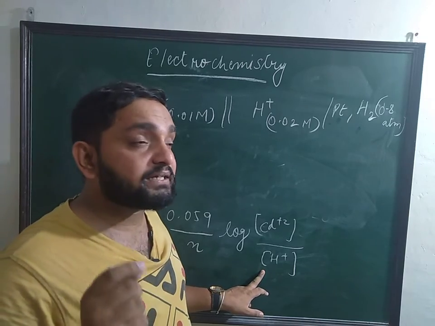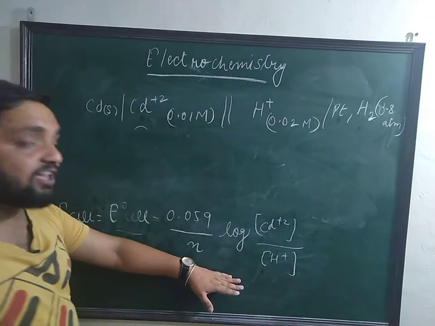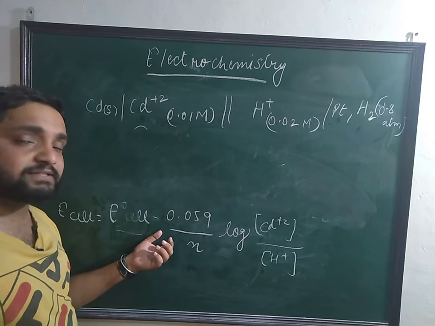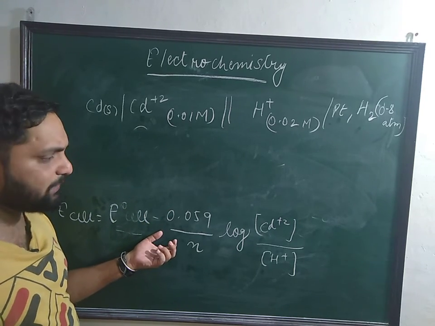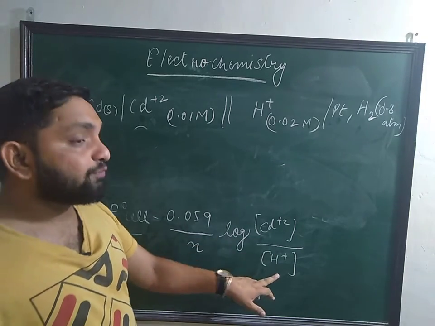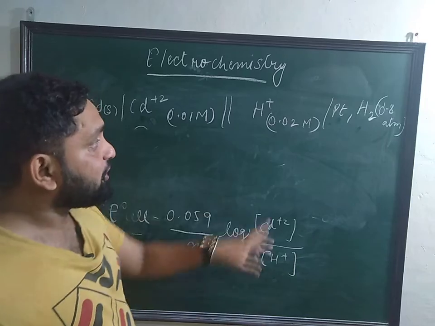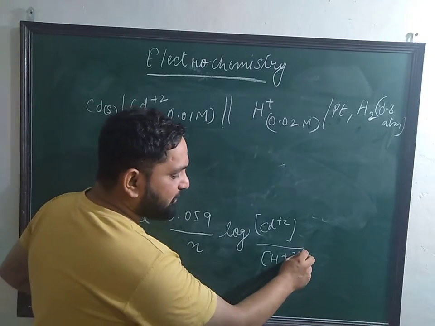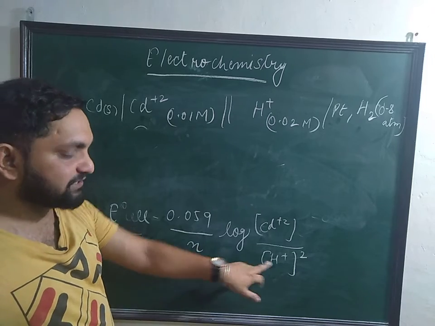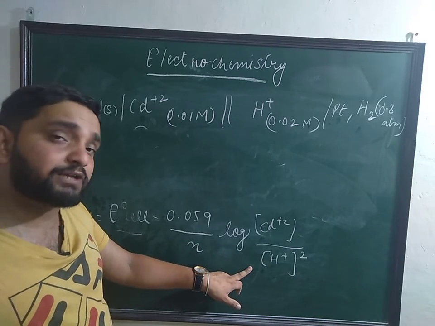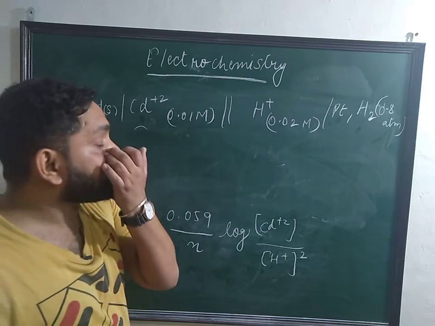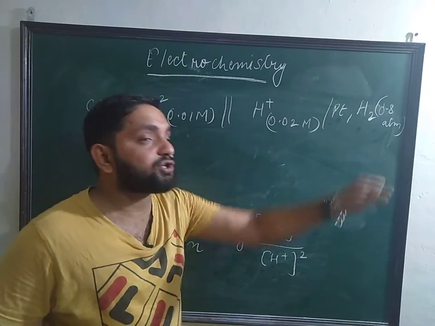This is my framework. I am not using plus any time over here; I always use minus. Then if you are using it like this, you will have to multiply the pressure. First of all, I will have to take the square of it. Why? Because in a balanced chemical equation, H positive comes 2 times. In the previous video we also discussed this. Now we will have to mention the pressure of the gas.